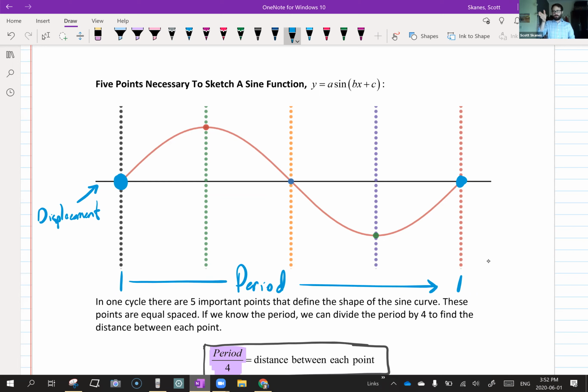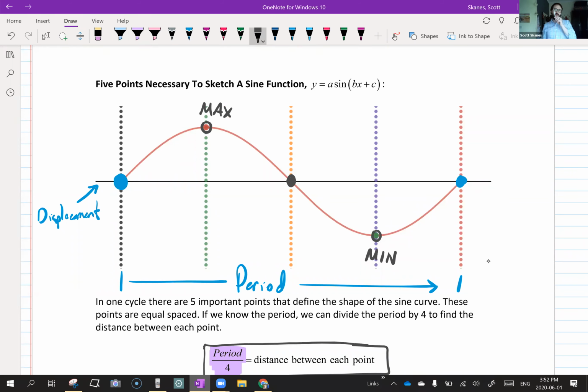But in case you're not sure, from the start of a cycle to the end of a cycle, it's called the period. Now, you'll notice that this sine function has been cut up into pieces. What's special about these pieces is here we have our maximum, our highest point. Here we have our minimum, our lowest point, negative a. And in the center, we just have another 0 point.